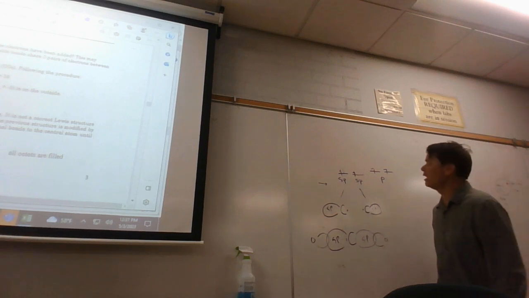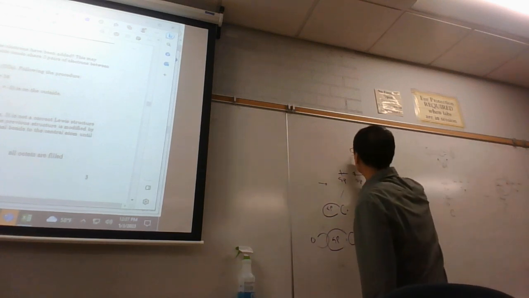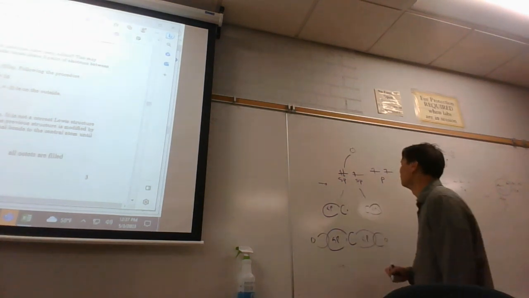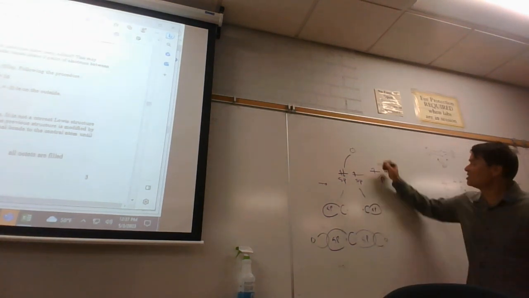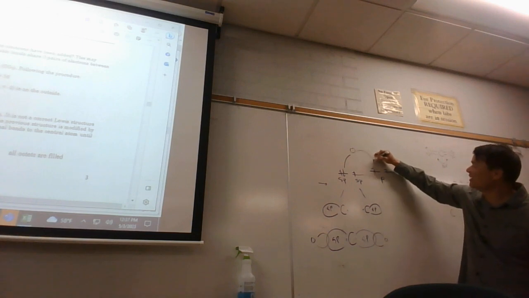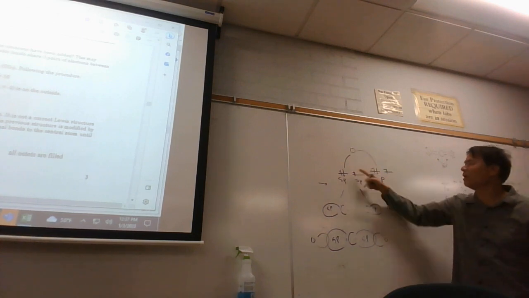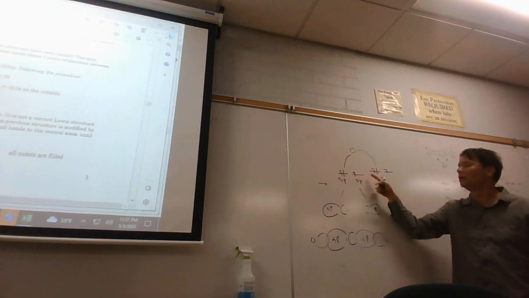Now, the funny thing with oxygen is oxygen's going to come in here and bond here. But this oxygen's also going to come in here and bond into one of the unhybridized p's. So each oxygen is going to bond to two different orbitals, an sp orbital and a p orbital here.